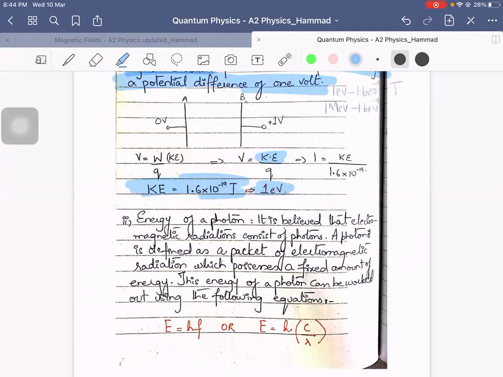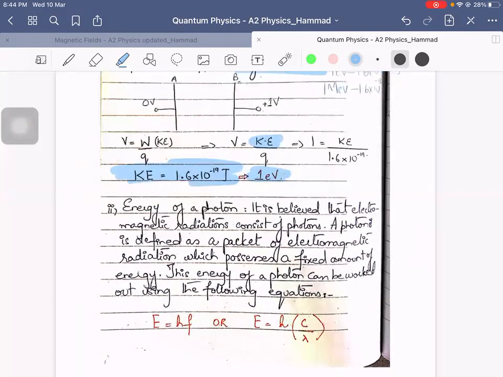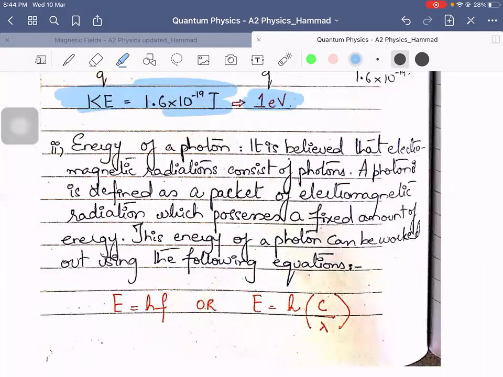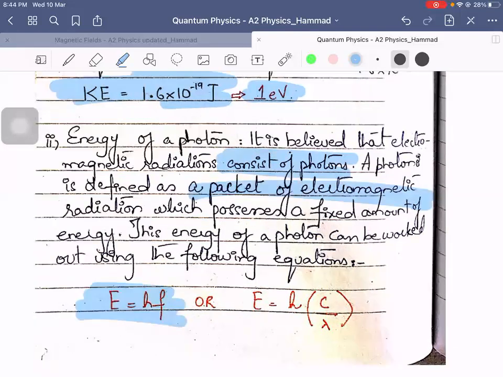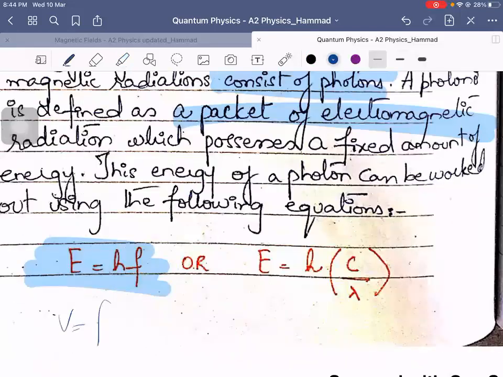There's a particle called the photon, which can be assumed to be a packet of energy, or a particle which has energy. It is believed that electromagnetic radiations consist of photons. A photon is defined as a packet of electromagnetic radiation which possesses a fixed amount of energy. This energy of a photon can be worked out using the equation E = hf, where the speed v = f lambda.